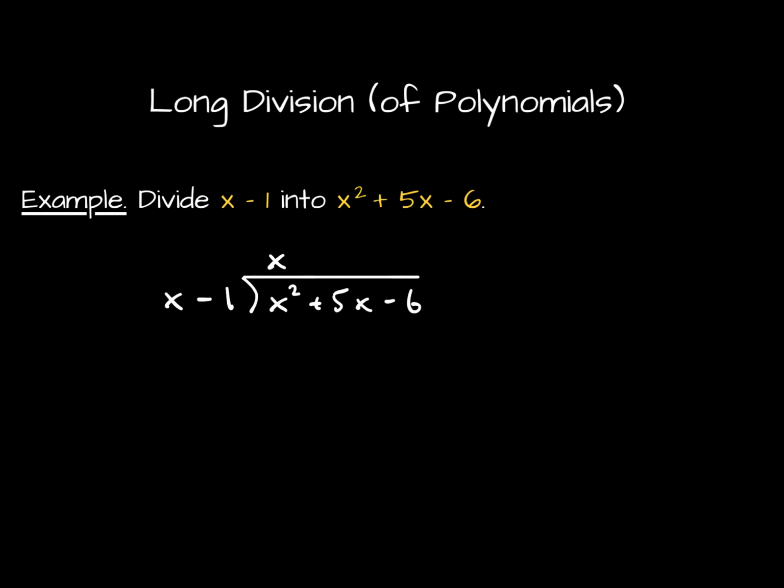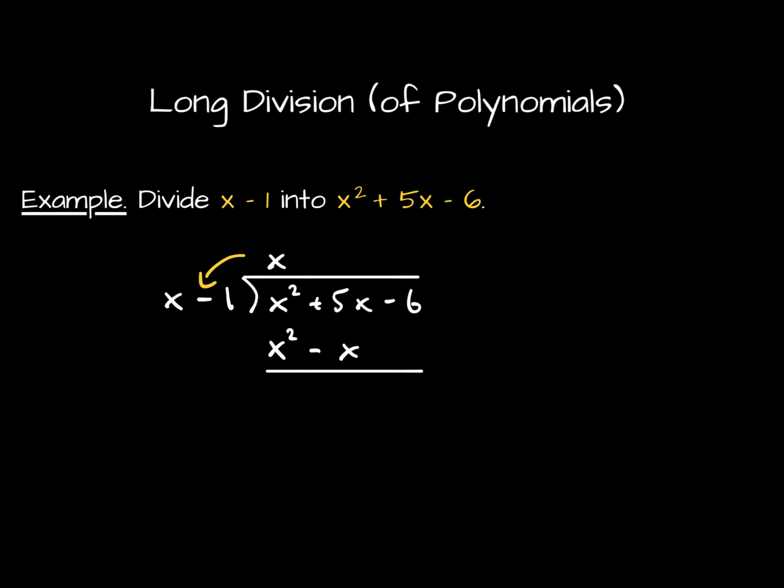And then what we're going to do is take that x and multiply it by the divisor x minus 1. X times x minus 1 is x squared minus x, and we write that right below the dividend. And, as you can probably guess, we will now subtract these two degree 2 polynomials.